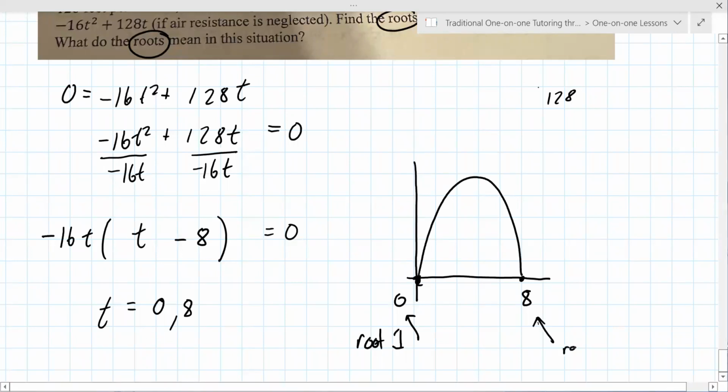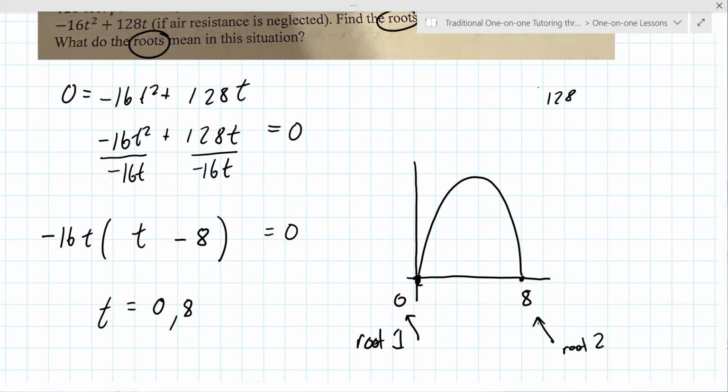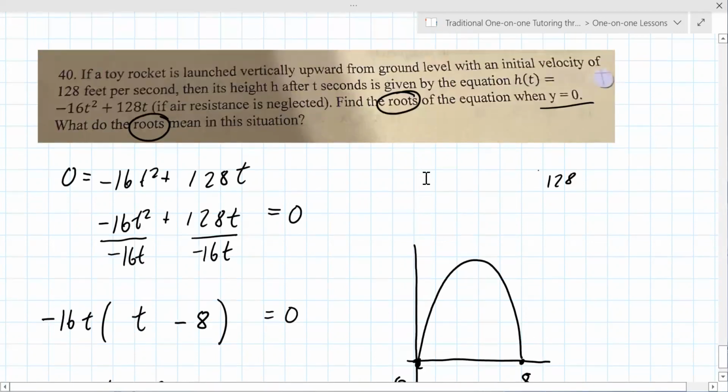And if you're not sure, maybe go to root 2. The initial velocity of 128 feet per second, and its height after. No, none of that's needed.